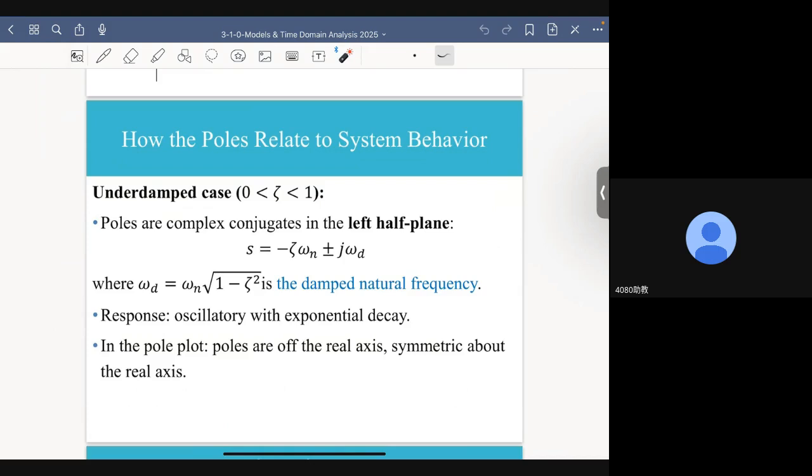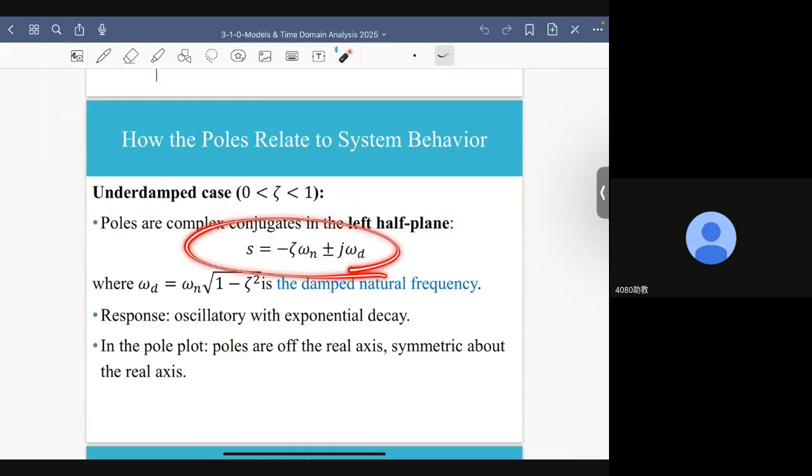If we are dealing with underdamped spring mass damper systems, then poles are always complex conjugates, and they are always located in the left half plane, which means such a system is always asymptotically stable.